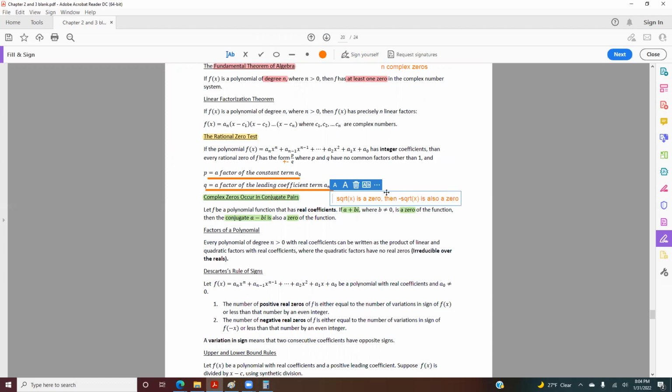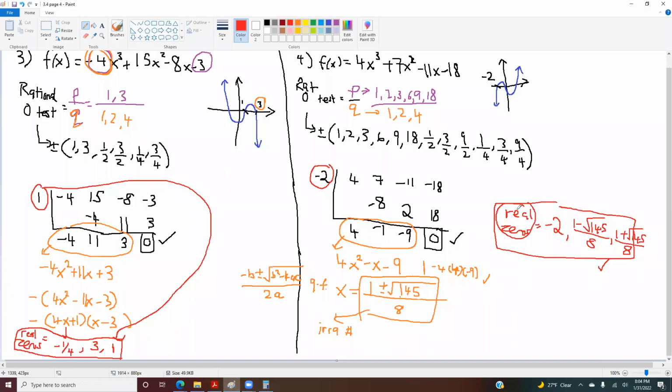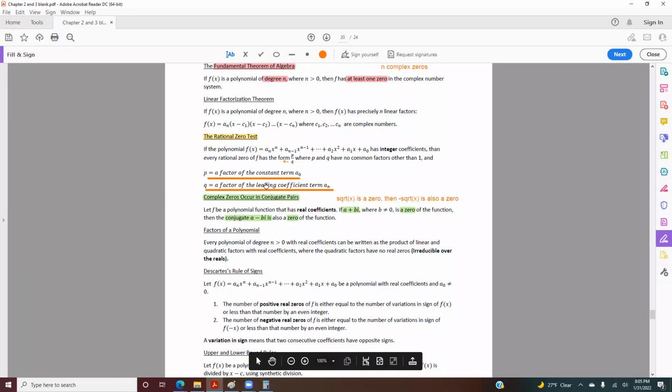This can be found in your example 4. So you notice that if you know 1 minus root 145 over 8 is a 0, automatically the conjugate, which is 1 plus root 145 over 8, is going to be a 0 in this case. So the conjugate zero theorem that we mentioned here is not just for complex numbers, it also works for square roots.